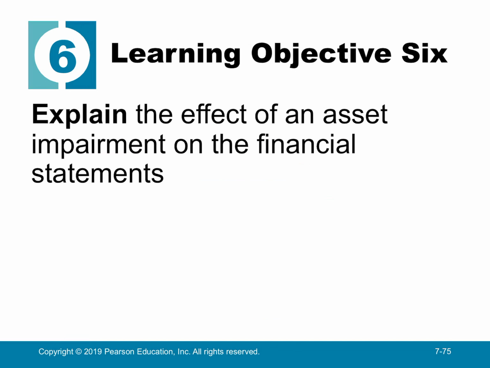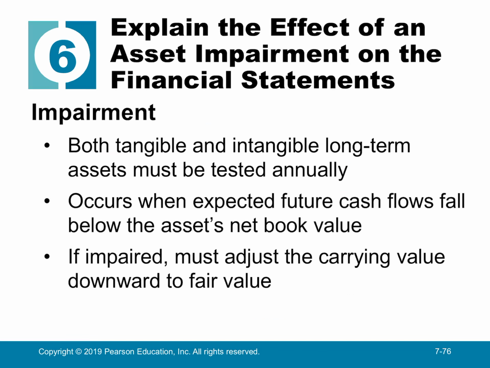So let's look at the effect of an asset impairment on the financial statements. Both tangible and intangible long-term assets have to be tested every year. You can have an entire career in finance and accounting doing asset impairment testing, and you can get paid pretty well over $100,000 a year for that expertise.